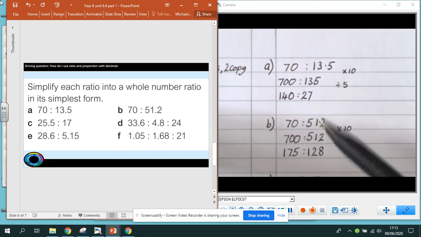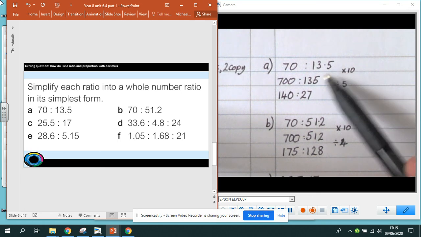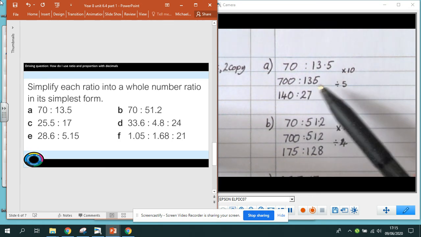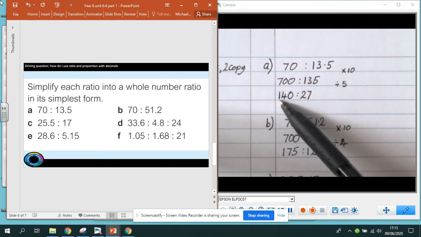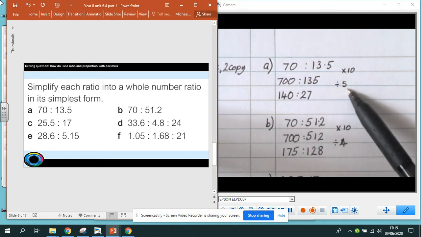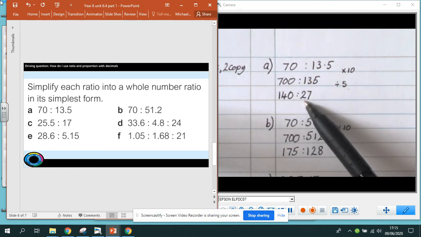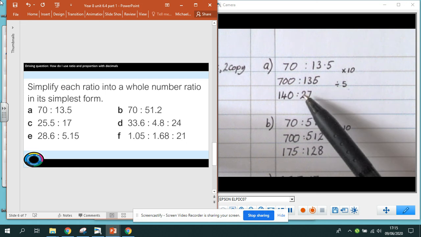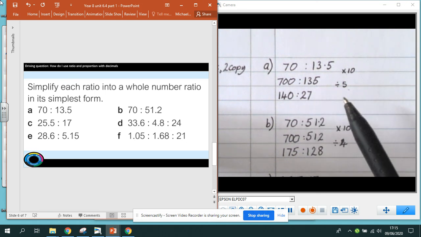So my first one, 70 to 13.5, multiplied by 10 gives me 700 and 135, which I can divide by 5 gives me 140 to 27. 140 is 20 times 7. 27 is 3 times 9. There are no factors in common, so that's my ratio.